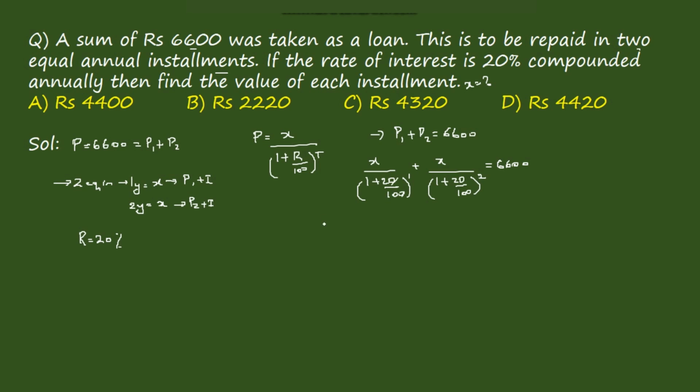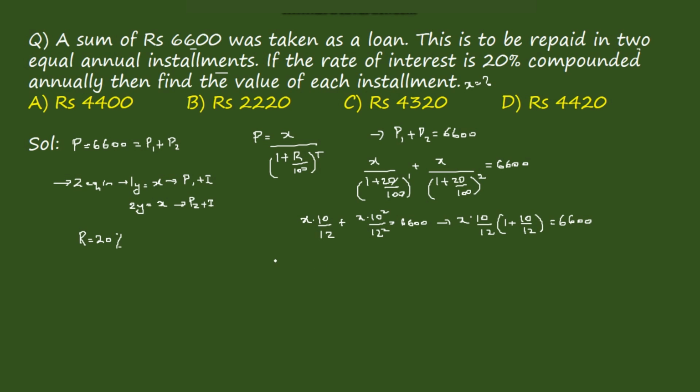The 00s get cancelled here. So it becomes x into 10 by 12 plus x into 10 square by 12 square is equal to 6600. If you consider the common terms, then you get x into 10 by 12 into 1 plus 10 by 12 is equal to 6600.